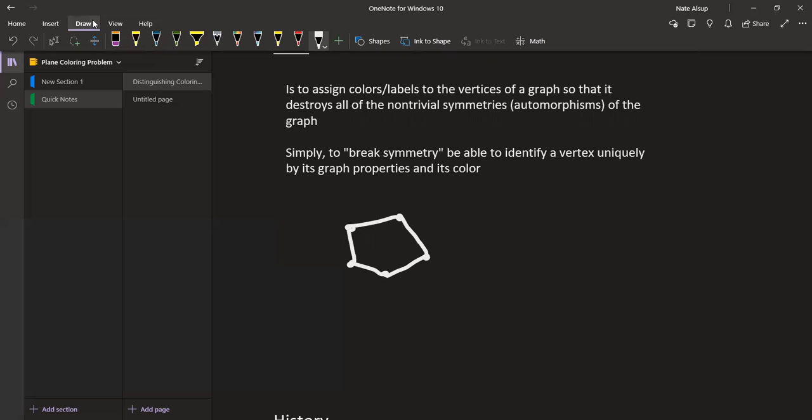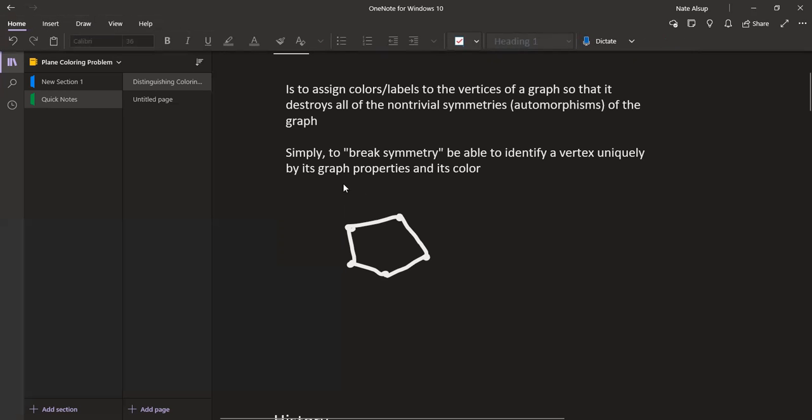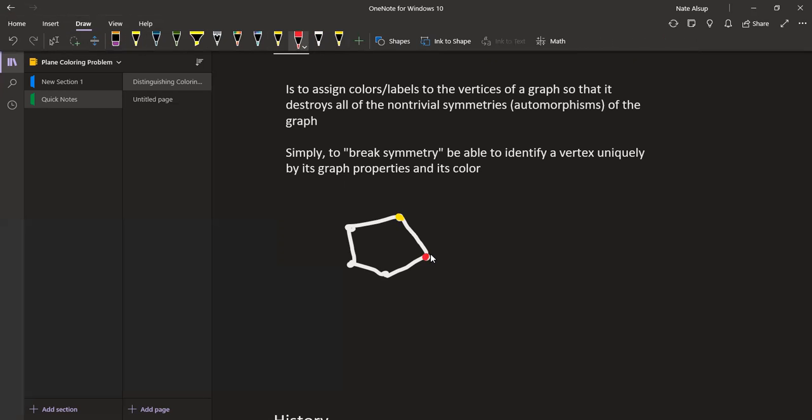So a trick for doing this, what we learned in class, is that adjacent vertices can't be the same color. Let's say I draw this vertex yellow and this one red. This one to this one can't be yellow, but this to this is okay.